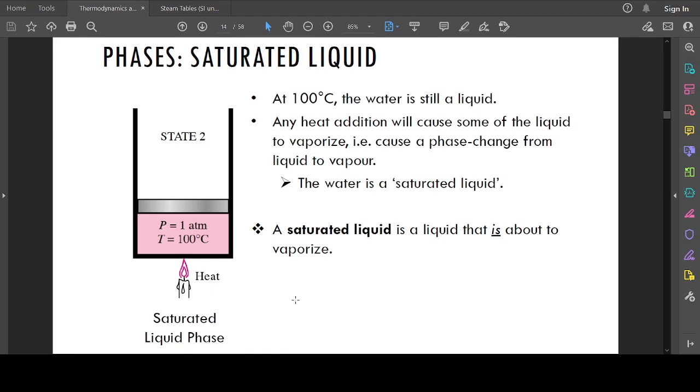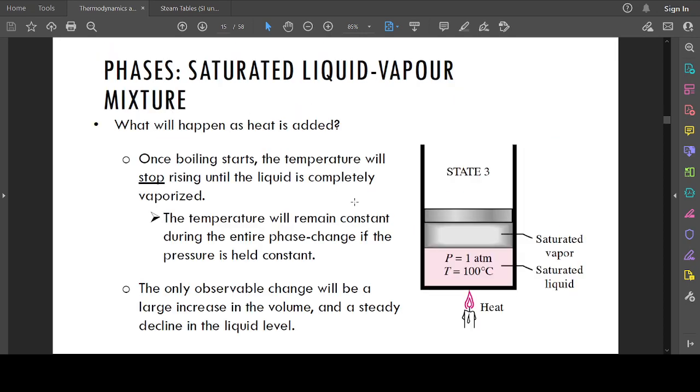At this stage, the liquid is referred to as saturated because the liquid is about to vaporize, and the temperature is at 100 degrees Celsius and the pressure corresponding to this temperature is 1 atm. The next phase after the saturated liquid is the saturated liquid-vapor mixture.